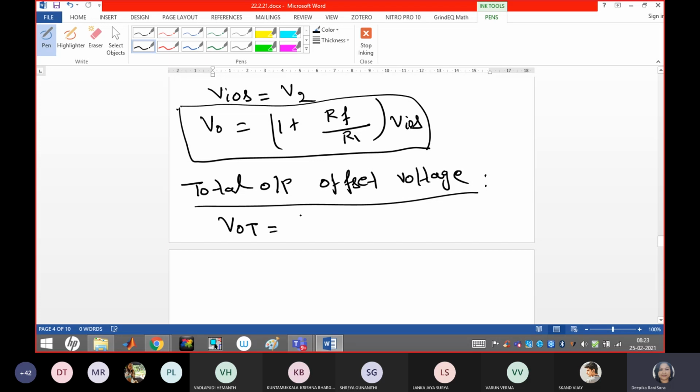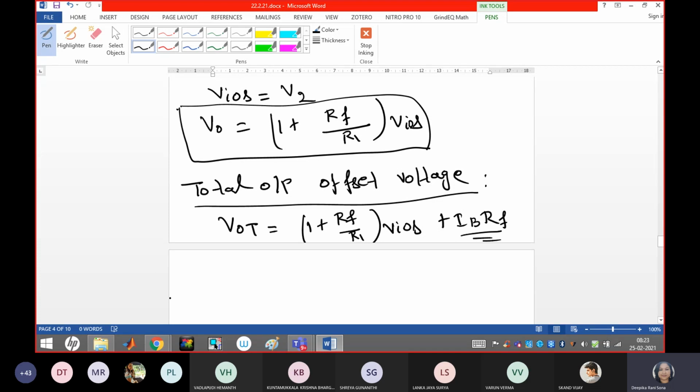Total output offset voltage means whatever the voltage we got with respect to the bias current and the input offset voltage, we have to take the sum of that. That is called total output offset voltage. So in equation form it can be represented as 1 plus RF by R1 whole into VIOS plus IB into RF. Already we got this value, right?